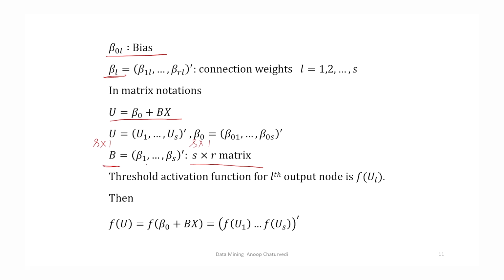So, actually beta 1, beta 2, beta S, these are different columns of B transpose. Then the threshold activation function for the Lth output node is say f u L. So, we are using this activation function f, and then f u is equal to f of beta naught plus B x, which is equal to f u 1, f u 2, so on f u s transpose.